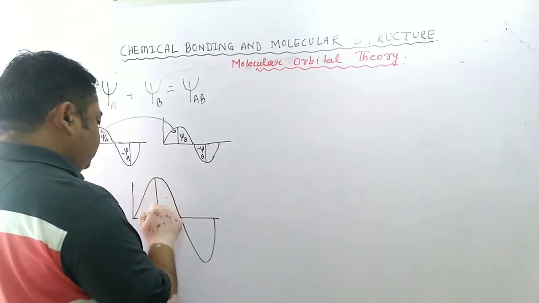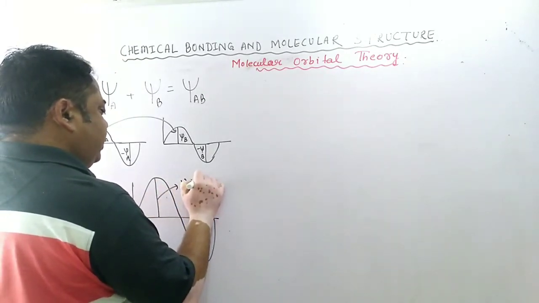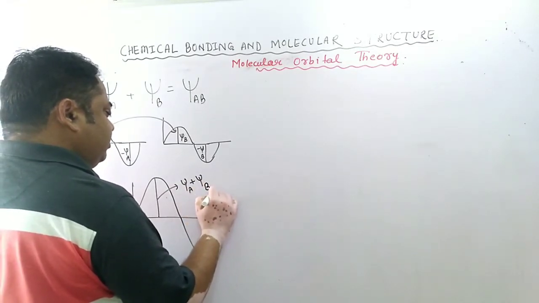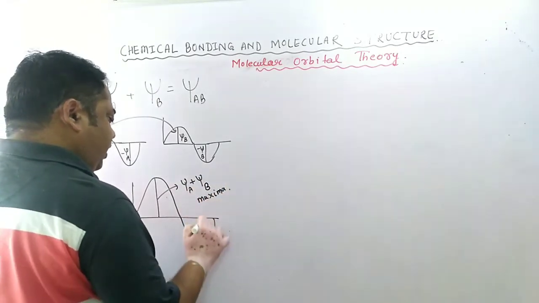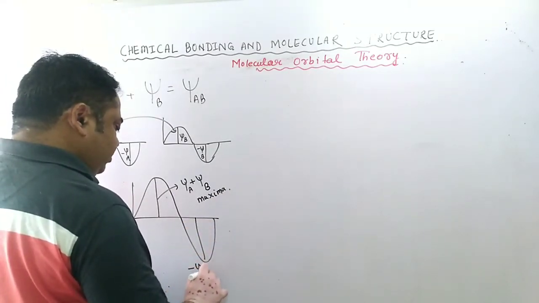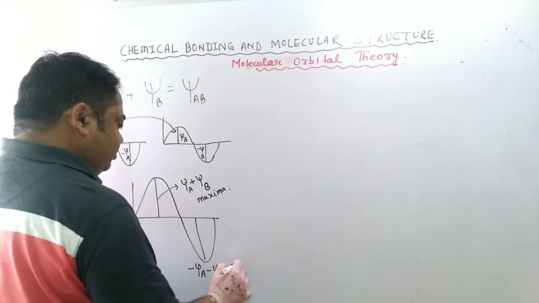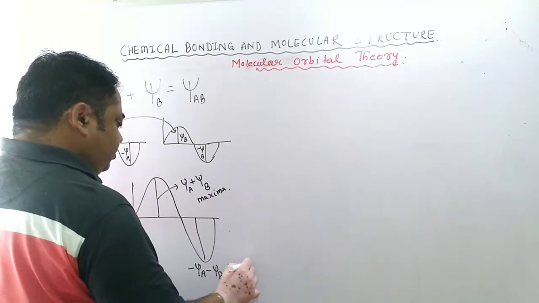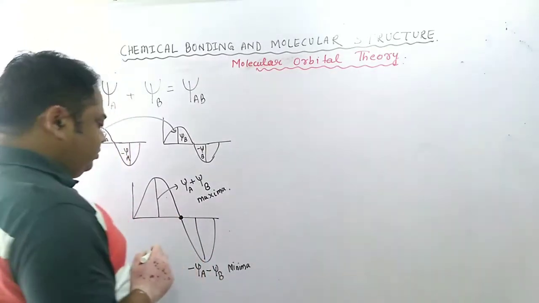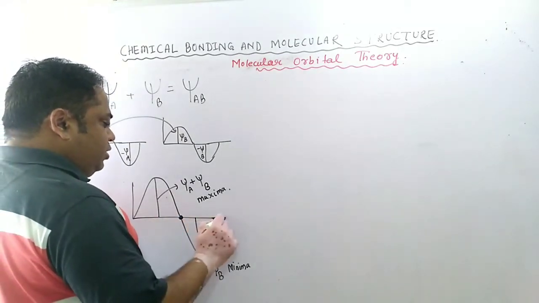So this will show psi A plus psi B, which is a maxima, and this will show minus psi A minus psi B, which shows a minima. And this is the nodal point, which is 0. That means here the probability of finding the electron is near 0.